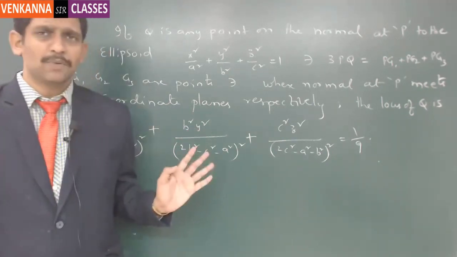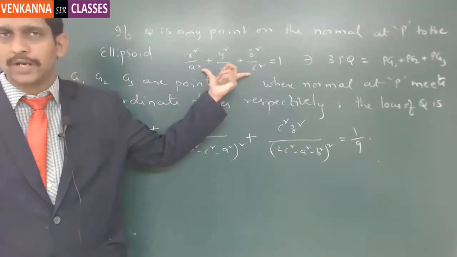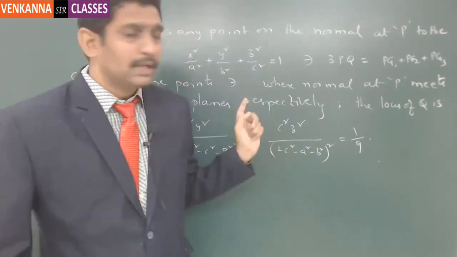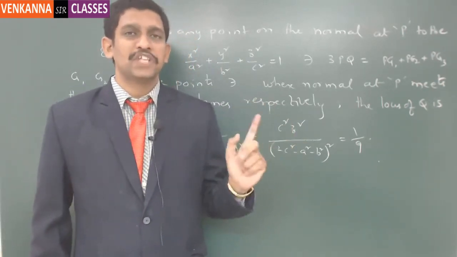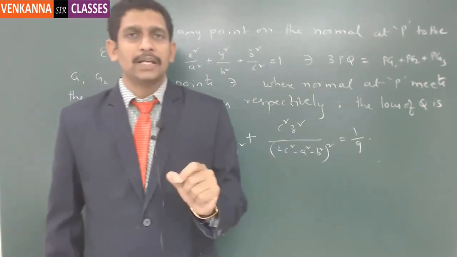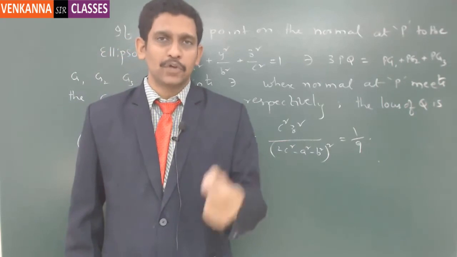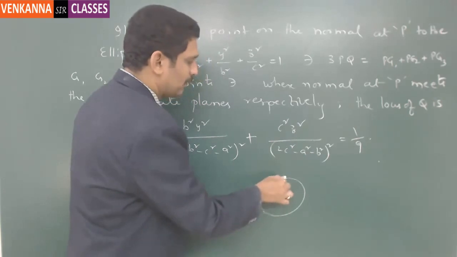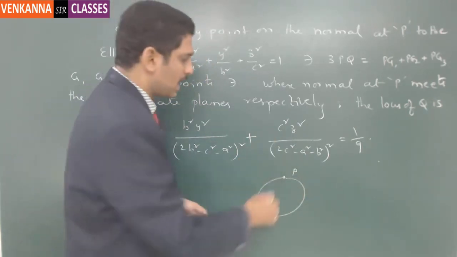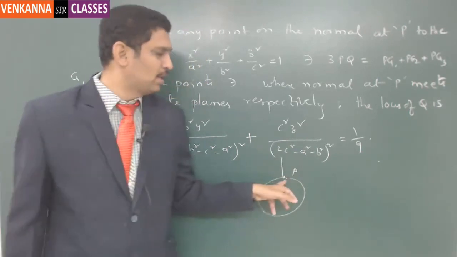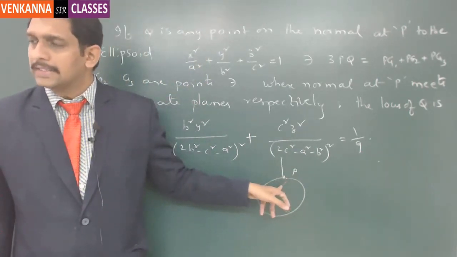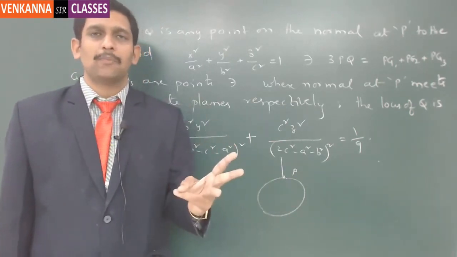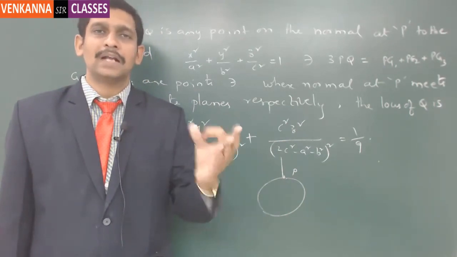Now, in this problem, I have considered the ellipsoid. Before starting the problem, as per the previous case, we have studied that if you take a point P on the ellipsoid, say this is my ellipsoid and I have taken a point P on it, at this point I have taken a normal to the ellipsoid. This normal intersects the three coordinate planes at the points G1, G2 and G3.